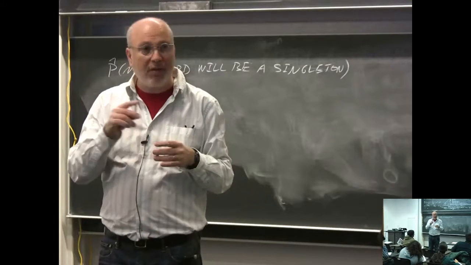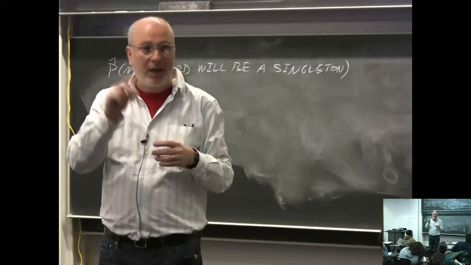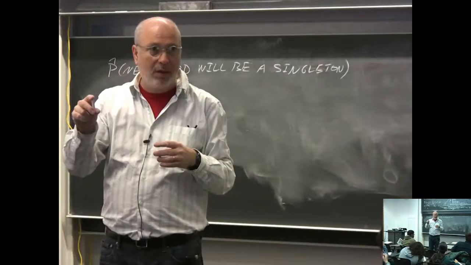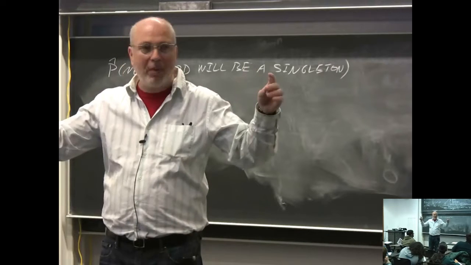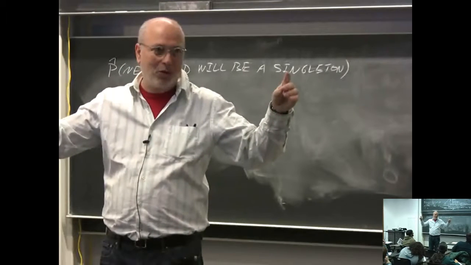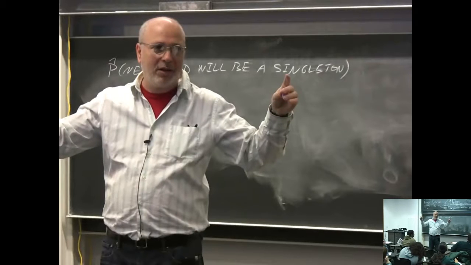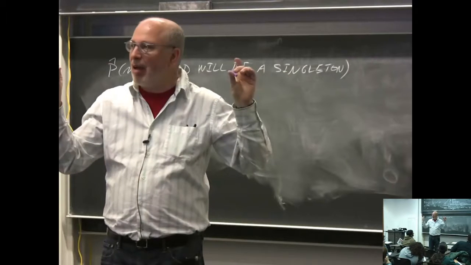Because that event, finding a word that occurred only once until now, is an event that does not depend as much on whether you have 1,000,000 or 1,000,001 words, right? Or 999,999. So I'm going to make this very tiny approximation.